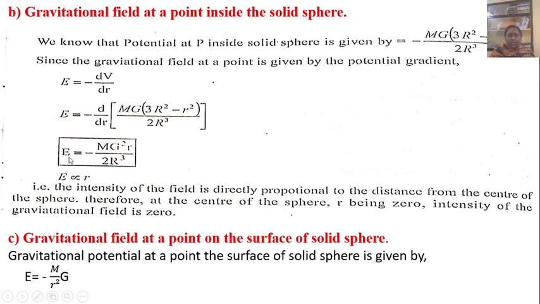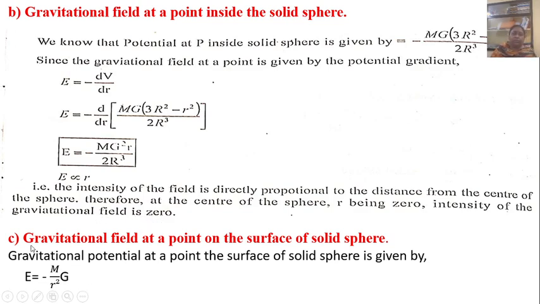So E is directly proportional to r, small r. So the intensity of the field is directly proportional to the distance from the center of the sphere. Therefore at the center of the sphere, r being 0, the intensity of the gravitational field is 0.